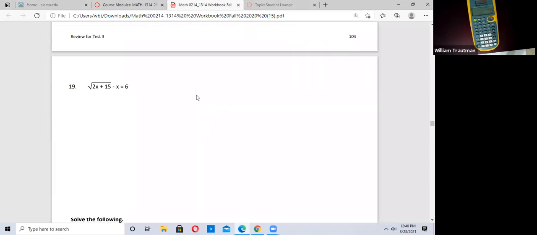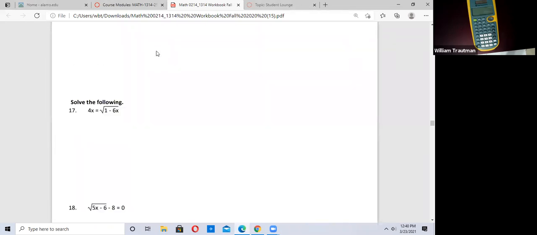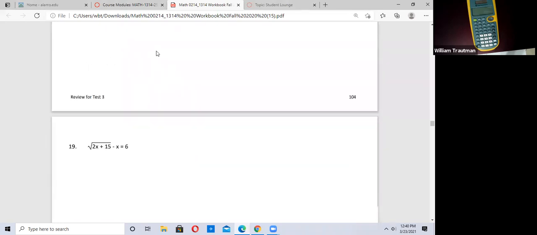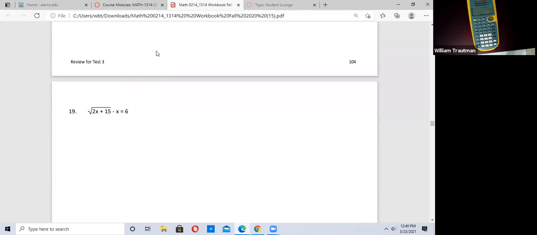Okay. So pay attention because there is one of these on the test. I can't stress that enough. We're going to use the square root principle. I'm not even sure, it just says solve. It doesn't tell you to use the square root principle, but we're going to. So in order to use the square root principle, when you have a square root, you need to get the square root by itself.